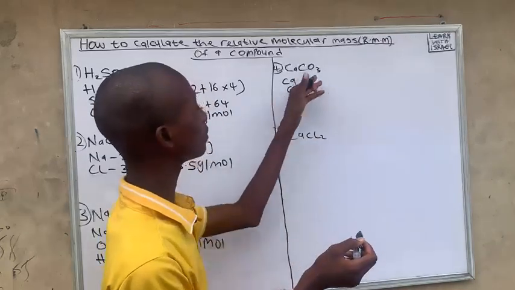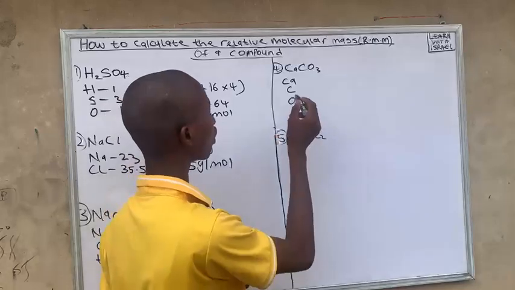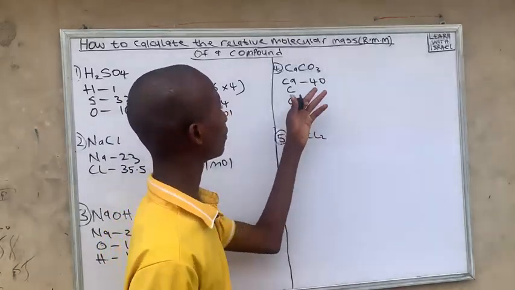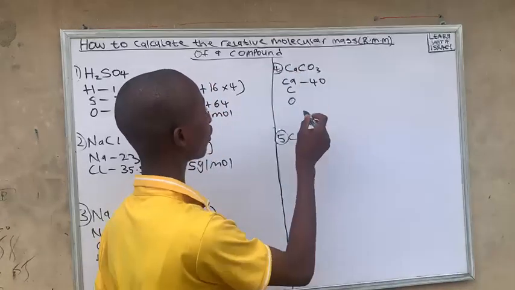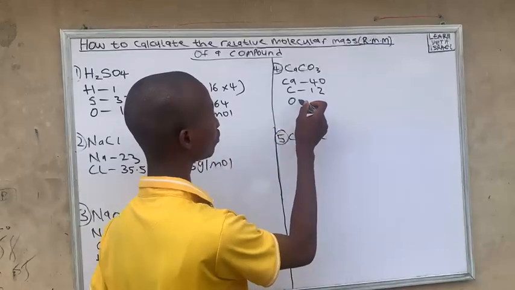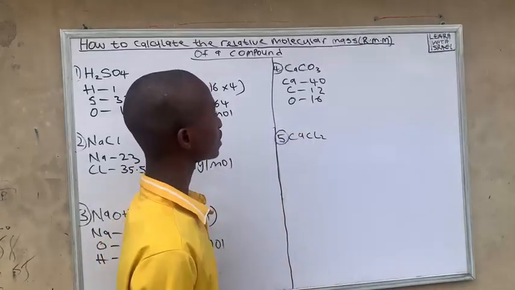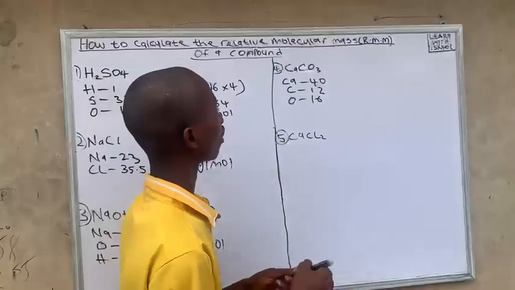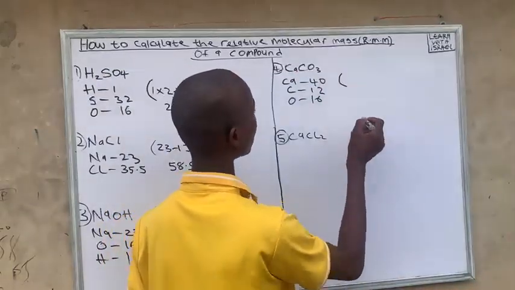Those are the 3 elements present in this compound. For calcium, we have 40 as the atomic mass, for carbon we have 12, and for oxygen we have 16. So let's input this into our compound, opening a big bracket.